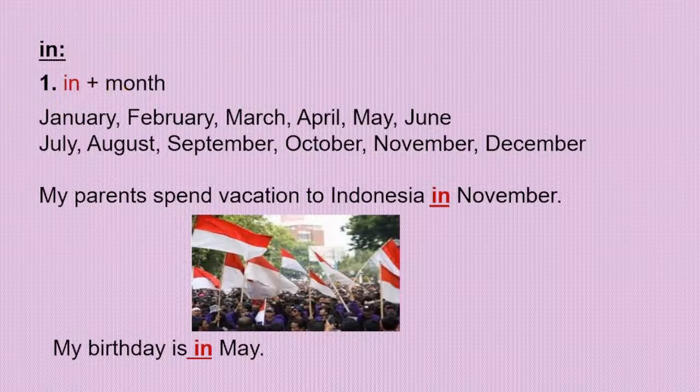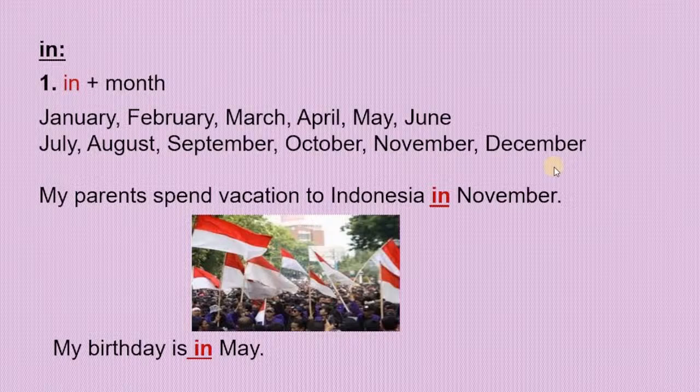So here are the 12 months in English: January, February, March, April, May, June, July, August, September, October, November, December.